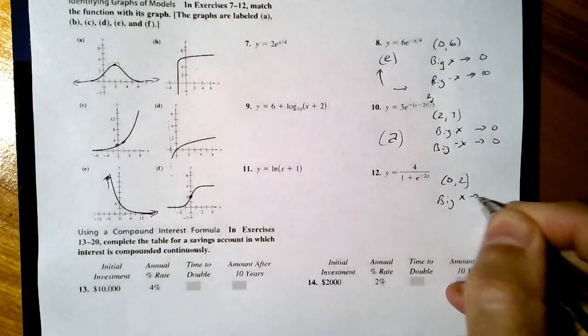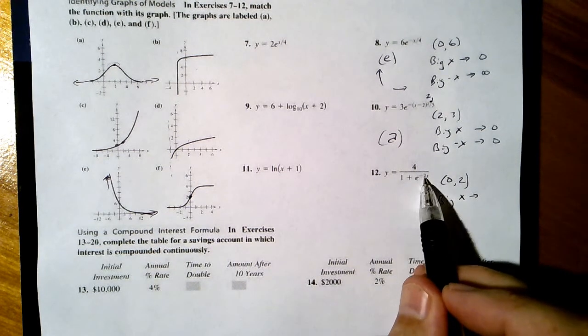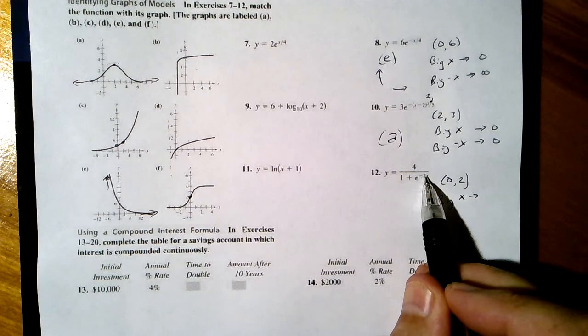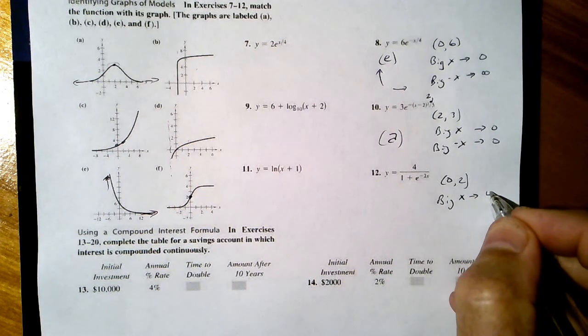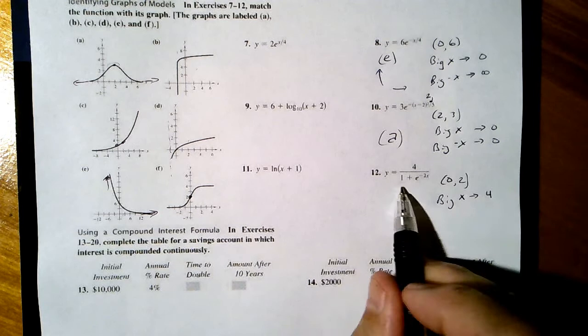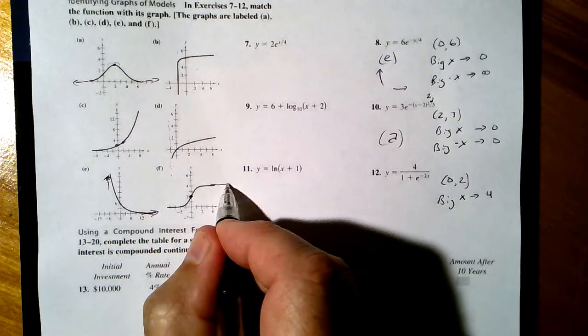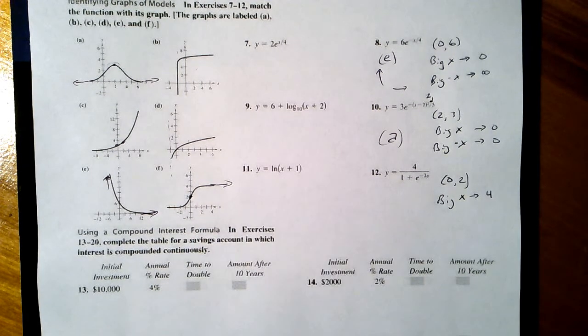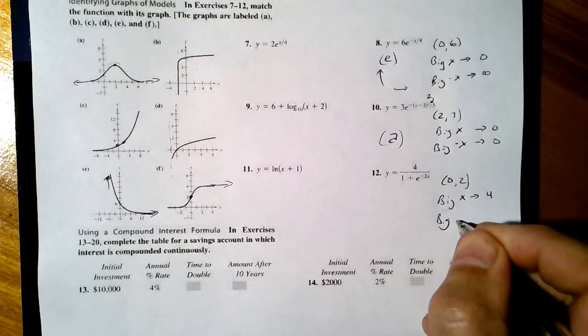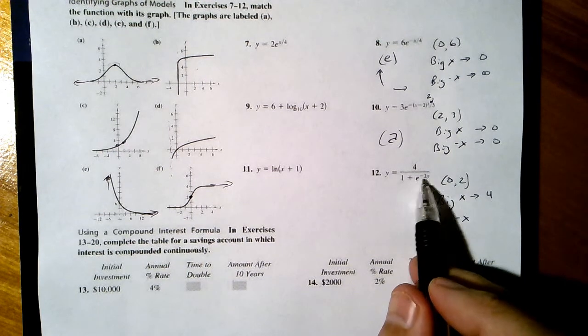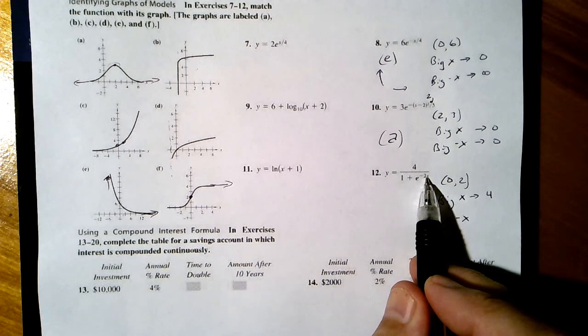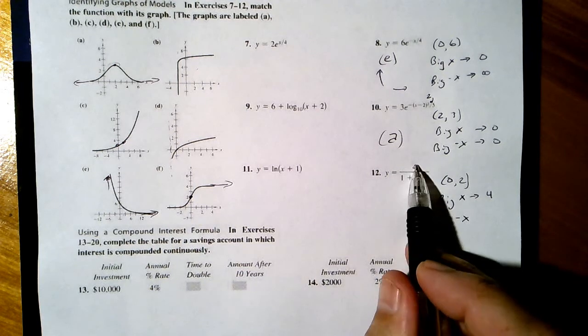Big X gives me e to a big negative right here, which wants to be 0. Oh, 4 divided by about 1, a little bit more than 1, wants to be 4. It's getting sucked into 4 here, it looks like. Big negative X. E to a big positive becomes huge. 4 over 1 plus huge is 4 over huge.